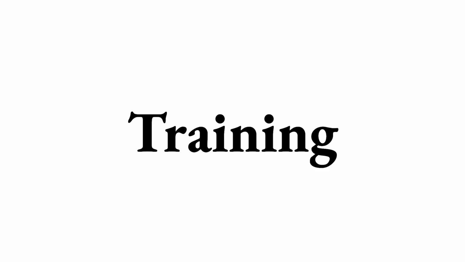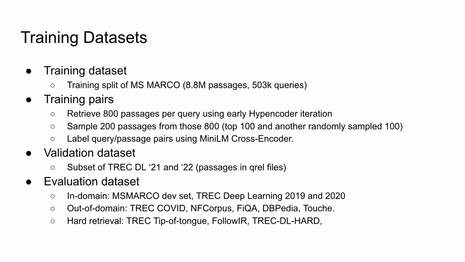Cool. So now we're going to go into training details. So their training data set was the training split of MS Marco, which was 8.8 million passages and about 500,000 queries. They constructed training pairs by first retrieving 800 passages per query using the early Hypencoder iteration.